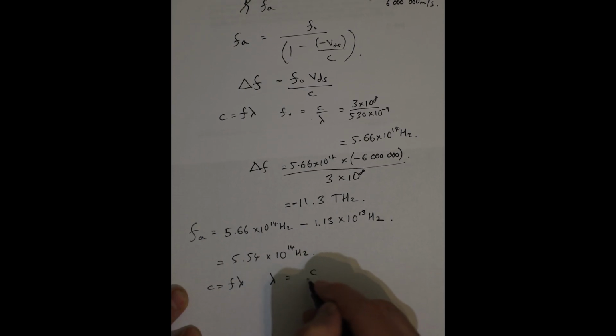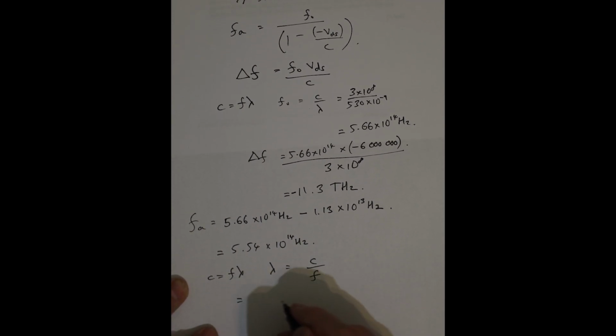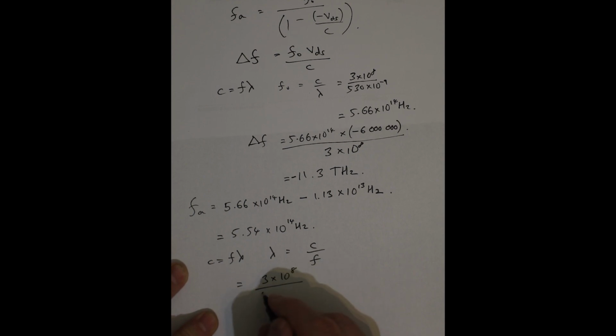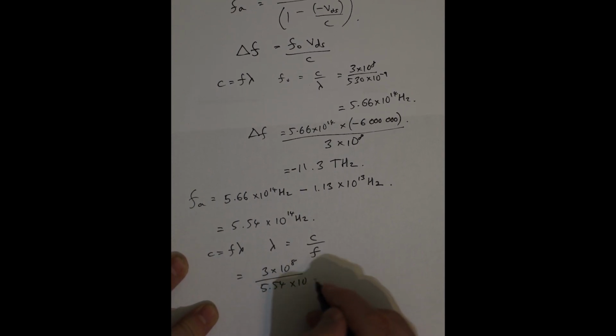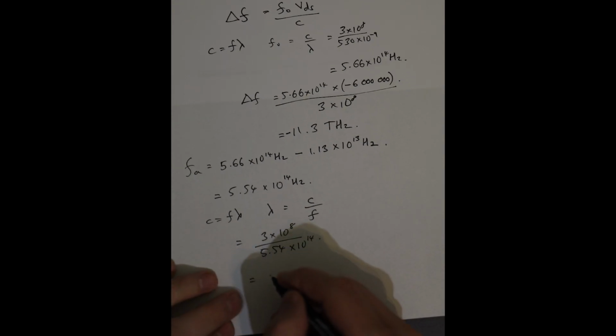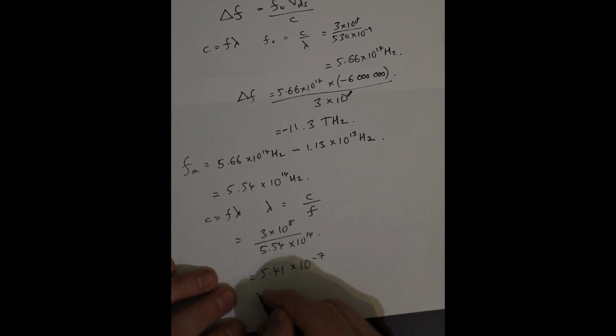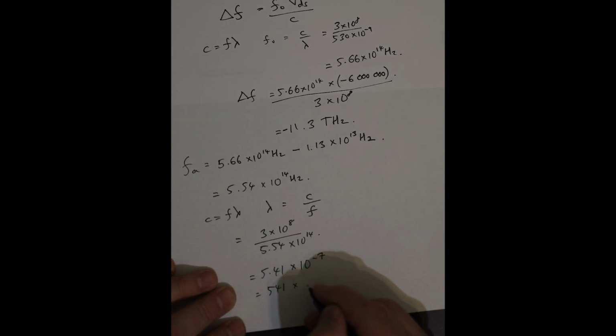So lambda is equal to c divided by f, which is going to be equal to 3 times by 10 to the power of 8 divided by 5.54 times by 10 to the 14 hertz, which is going to give us a value of 5.41 times by 10 to the minus 7, which is equal to 541 times by 10 to the minus 9, which is 541 nanometers. Okay, so that's how we calculate that question.